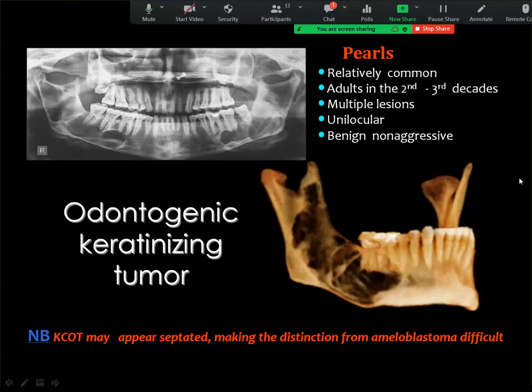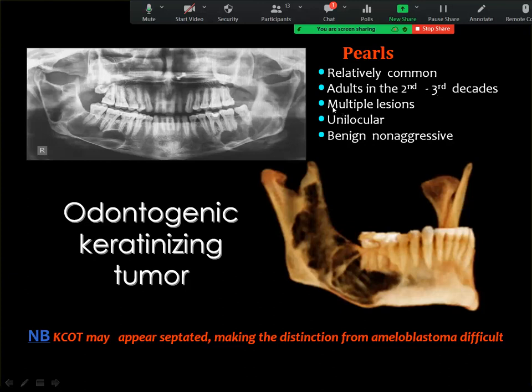The keratocyst is a relatively common lesion when compared to the ameloblastoma, which is the most common after the odontoma. The age of incidence is between 10 and 20 years.